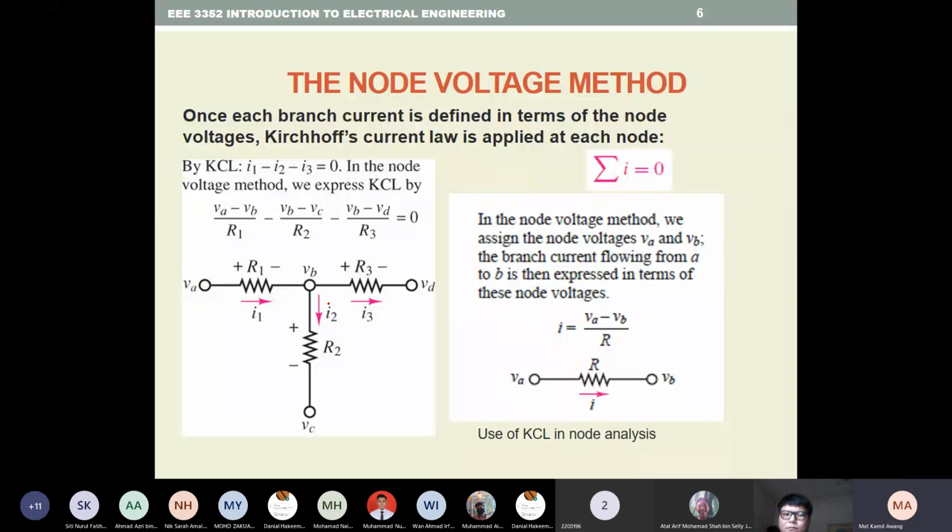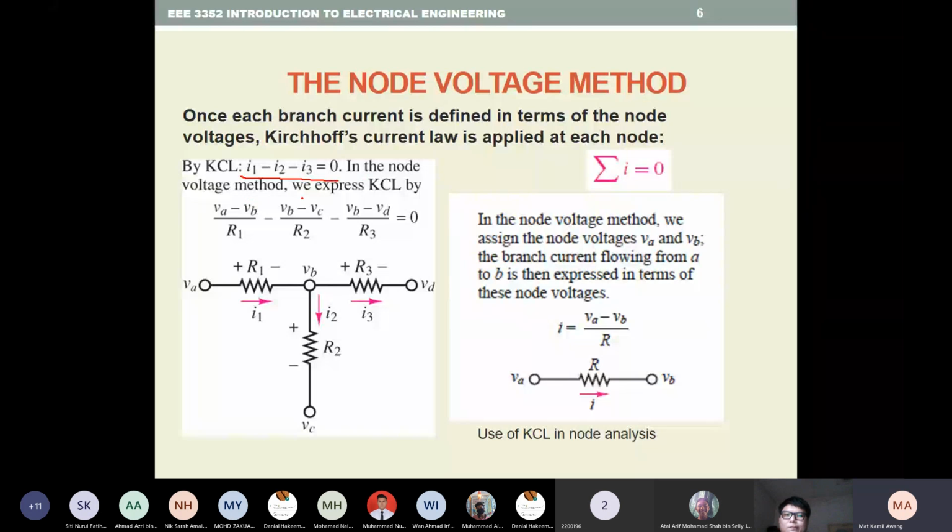And the current flowing through R2 is leaving the node VB. And same thing with the current I3, which is flowing through R3, is leaving from VB. So therefore, we can write the formula as I1 minus I2 minus I3 equal to 0.